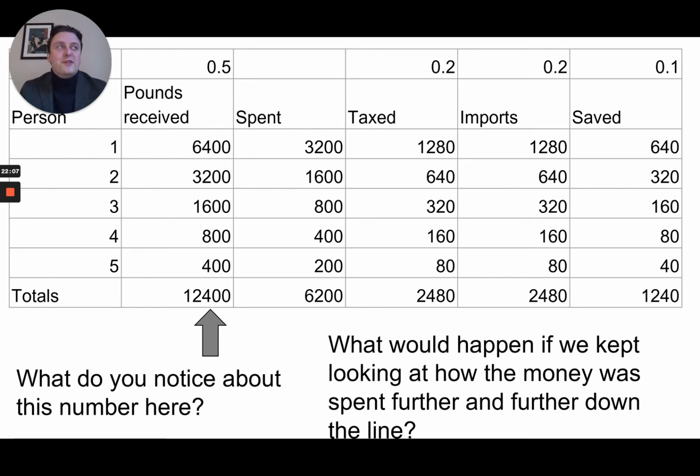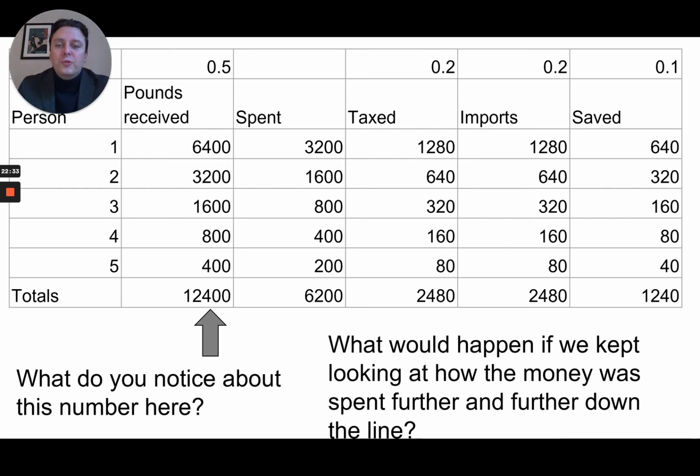The government's spending a lot of money on helping out restaurants. So you get this extra cash. Person 1 gets the 6,400. He then spends it on person 2 or sector 2. They receive 3,200 and they spend it again on person 3, person 4 and person 5.